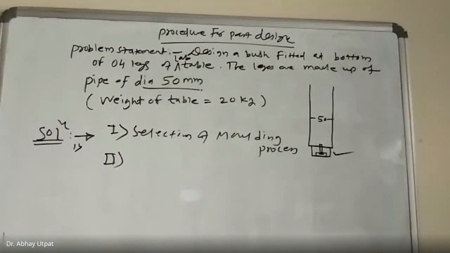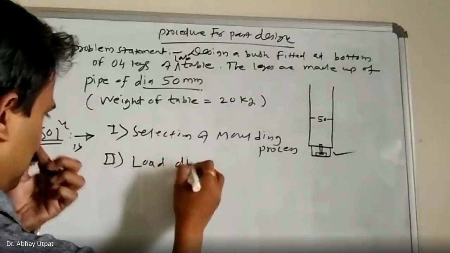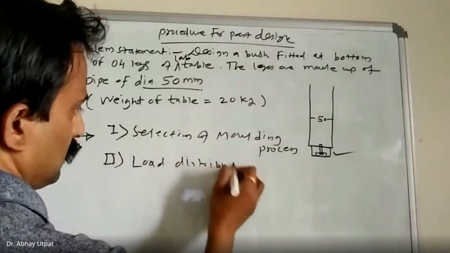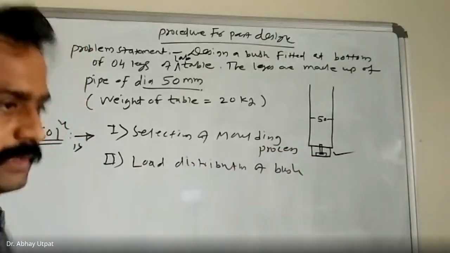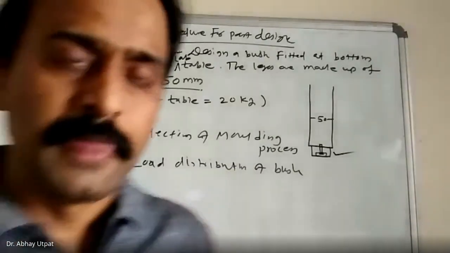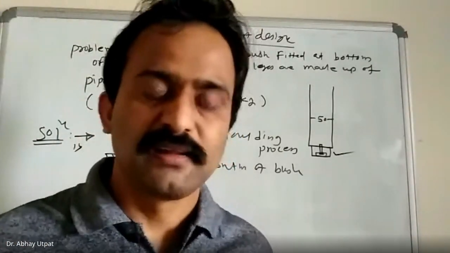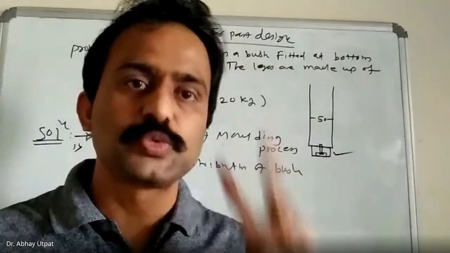Second is load distribution on bush. How is it calculated? Table is there. Table is having 4 legs. Weight of table is 20 kg.